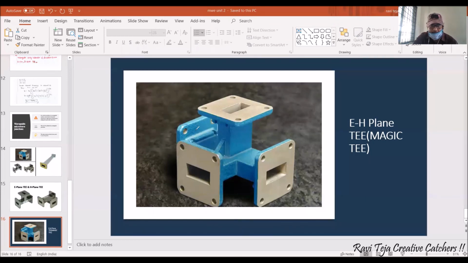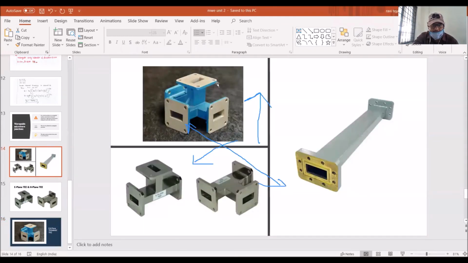It has got one plate, two ports of similar size. One vertical port is there, and one horizontal port is there. We have seen it in the previous picture also. It is nothing but a 4-port microwave junction.